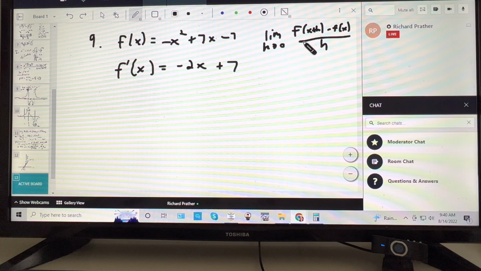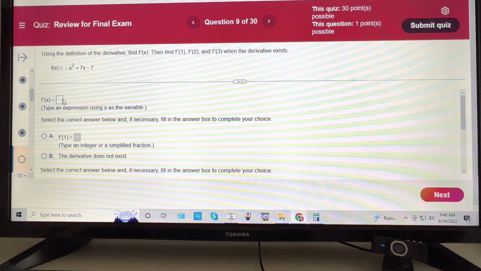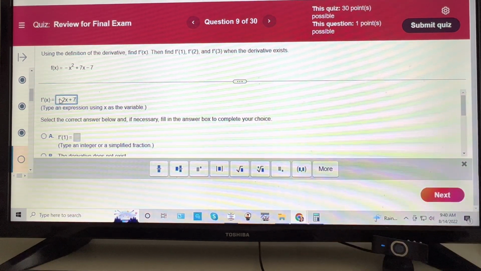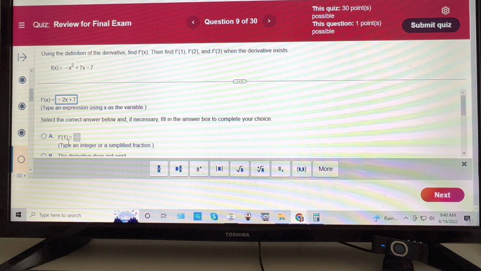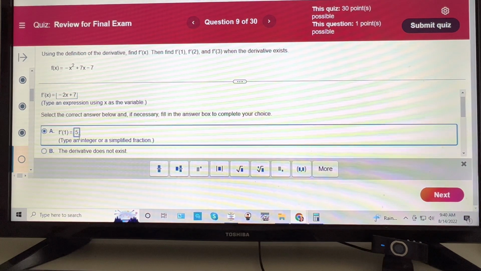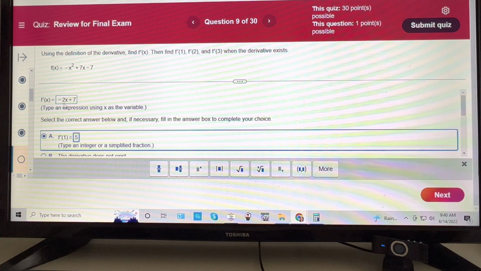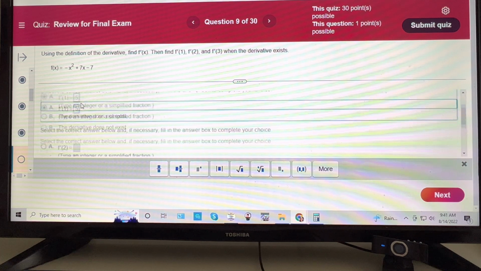But you can go through all this if you want, but the shortcut would be much easier here. So there's the derivative, -2x plus 7. Now plug 1 into that. Negative 2 plus 7 is 5. Plug 2 in. Negative 2 times 2 is negative 4, plus 7 is 3.